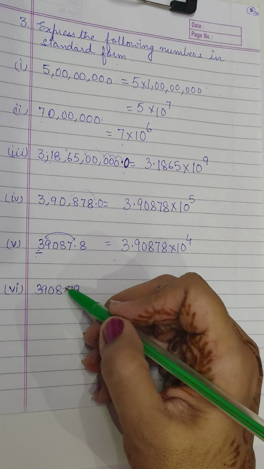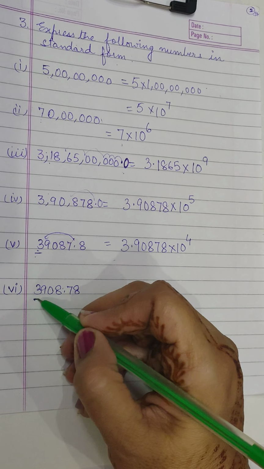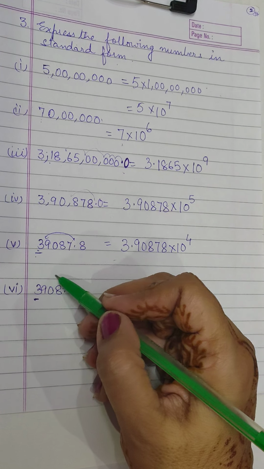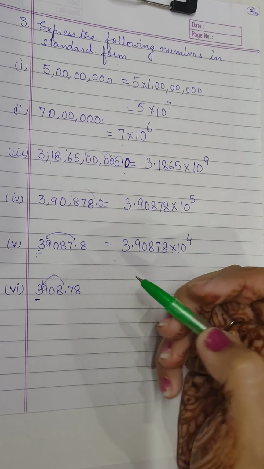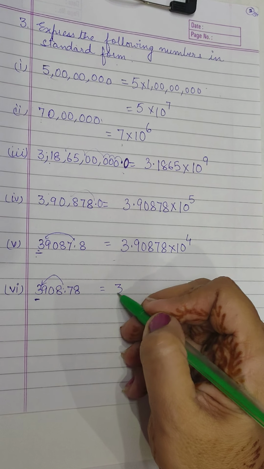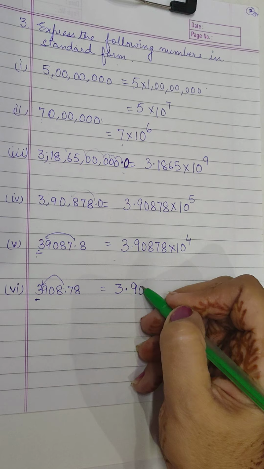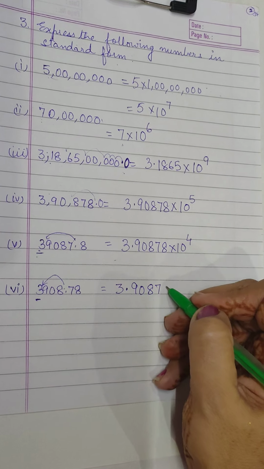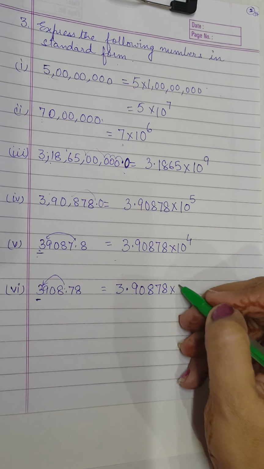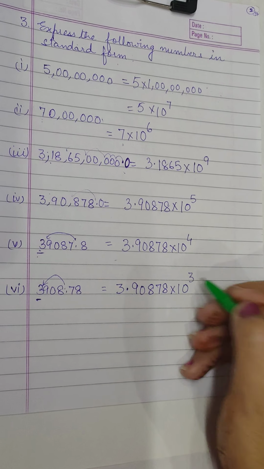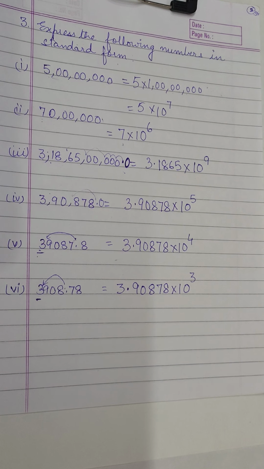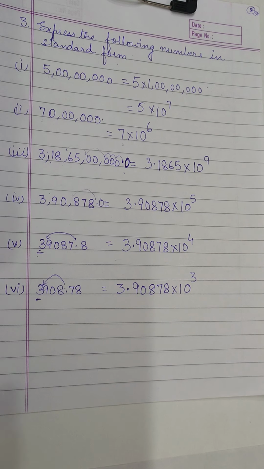Again in the sixth part we have a decimal, and to come after the first non-zero digit, the decimal has to move 3 places. So it will be 3.90878 multiply 10 to the power 3. So this is how we express the numbers in standard form.